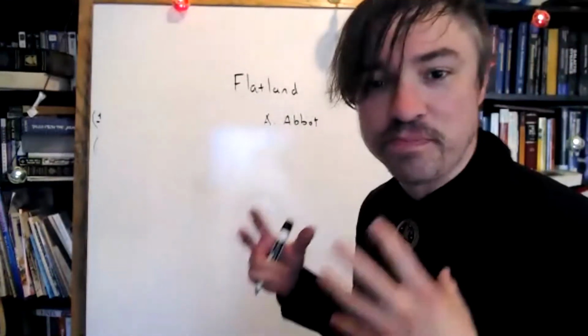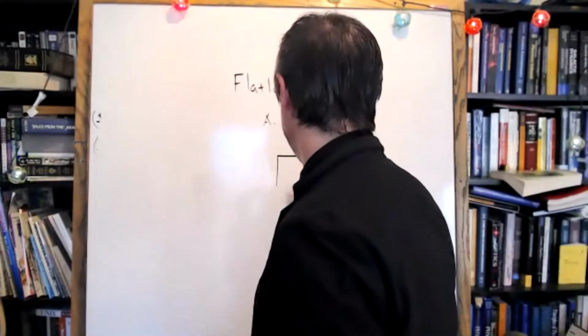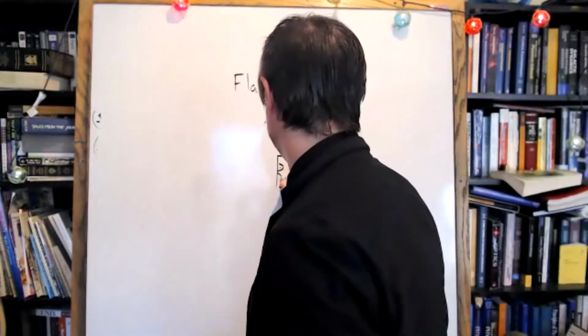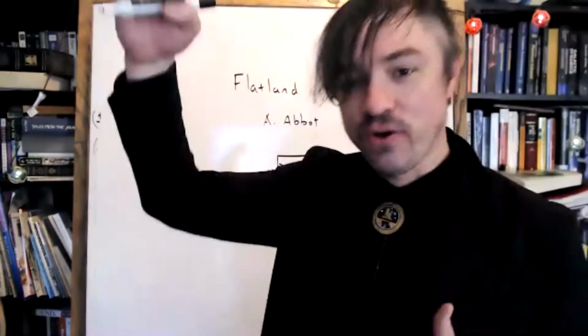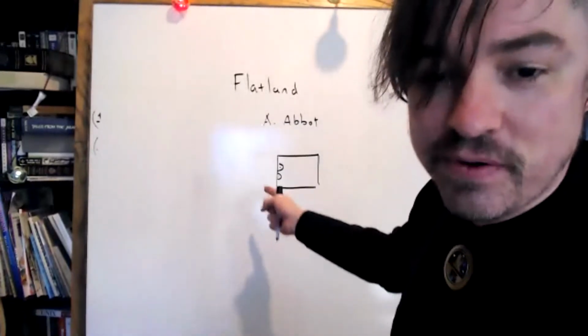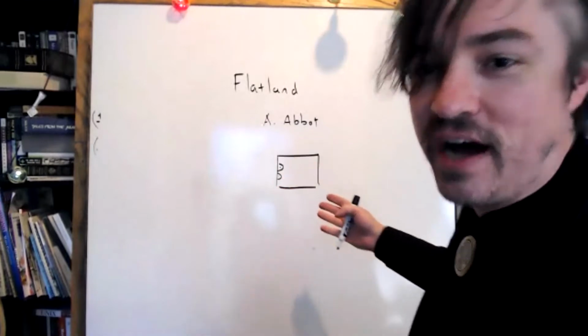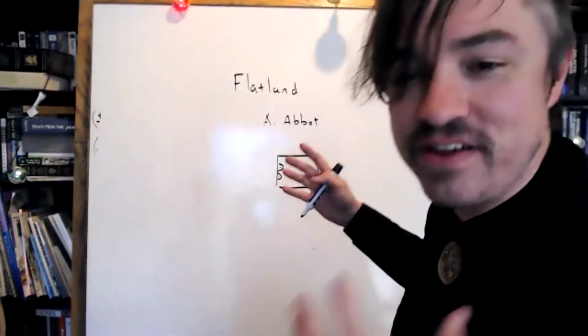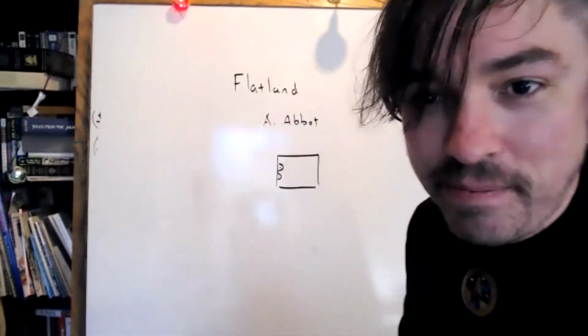So at the beginning of the story, the hero or the protagonist of Flatland is actually a square that lives in a two-dimensional universe.